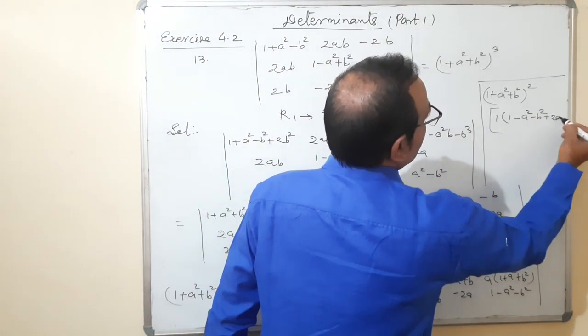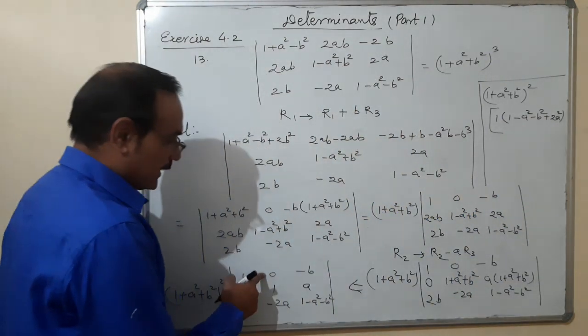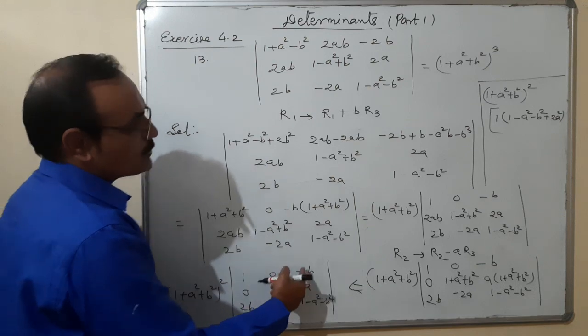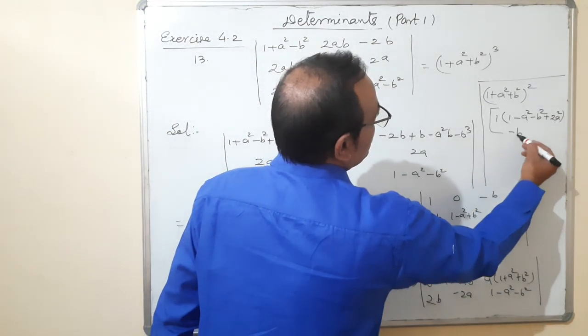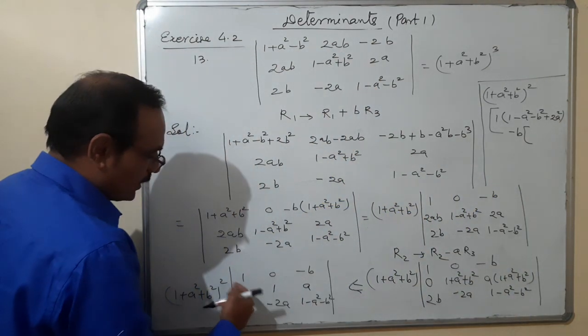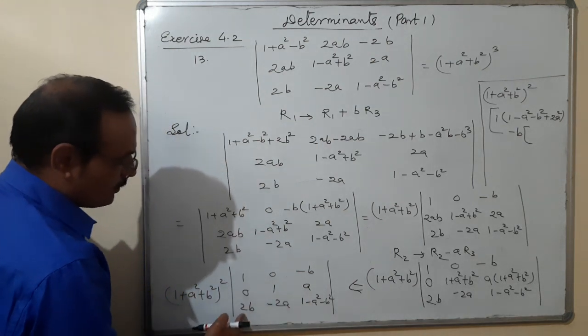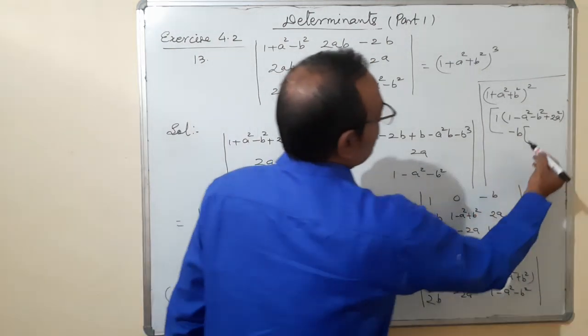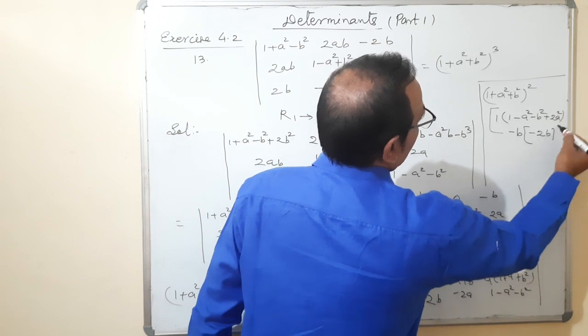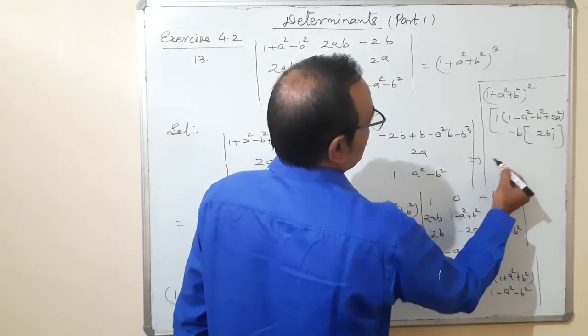Second element 0, so everything is 0. Third is minus b. Leaving this column and row, it is 0 minus 2b. Okay. So the final step is coming.